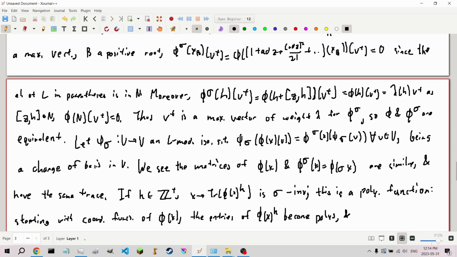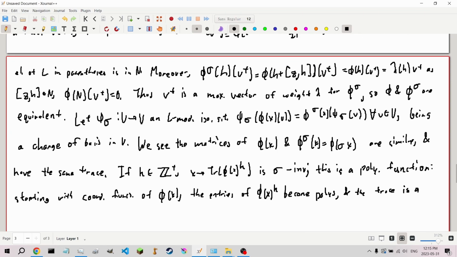And the trace is a linear combination of such polynomials, that is.